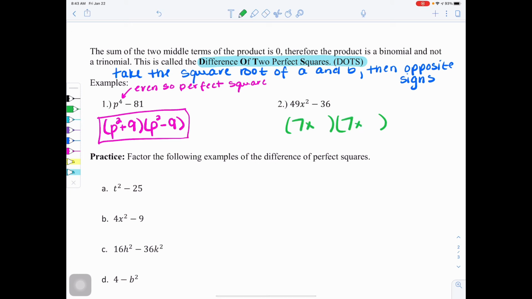So 7x is going in the first position in both. The square root of 36 is 6. And then we know we need one plus and one minus. This time I'll put the minus first and the plus second, just to show you that it does not matter.